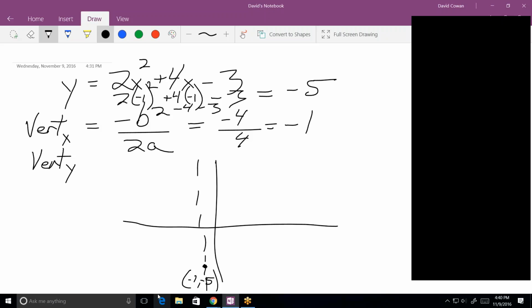Okay. Now, it turns out that the next easiest point to plot is the y-intercept. And the reason is, if you look at the function, erase this. What's true about x when we're talking y-intercept?